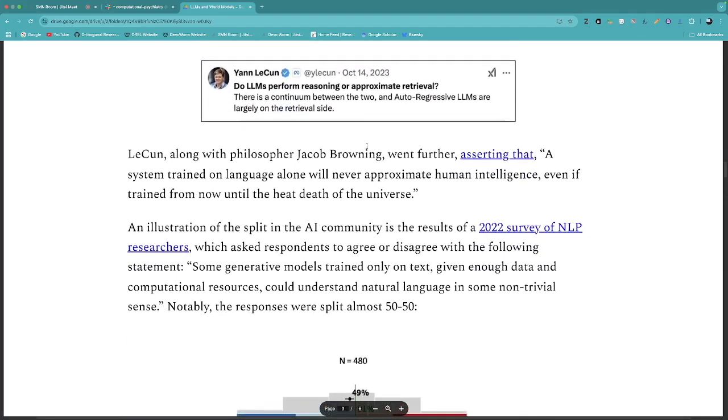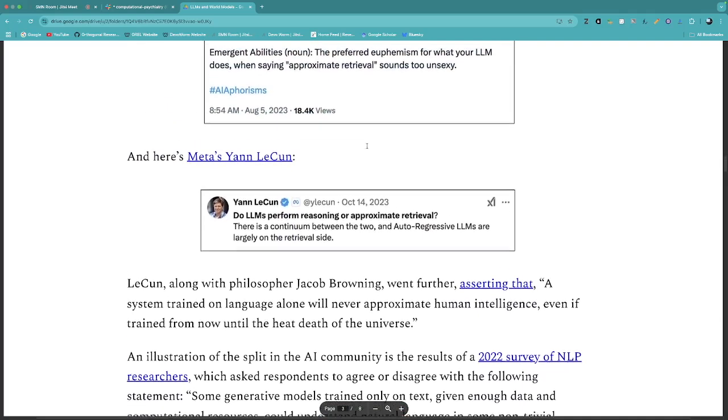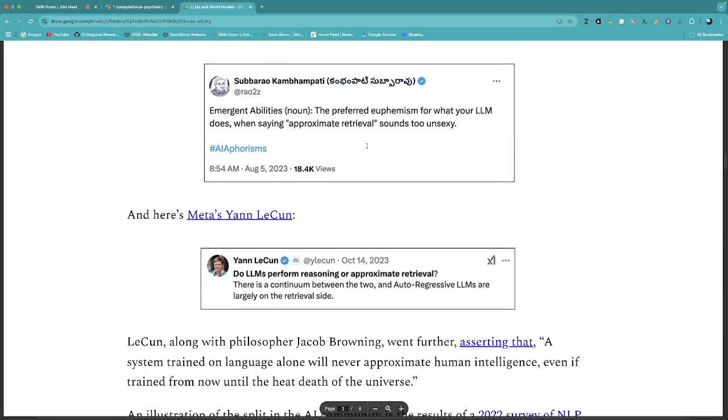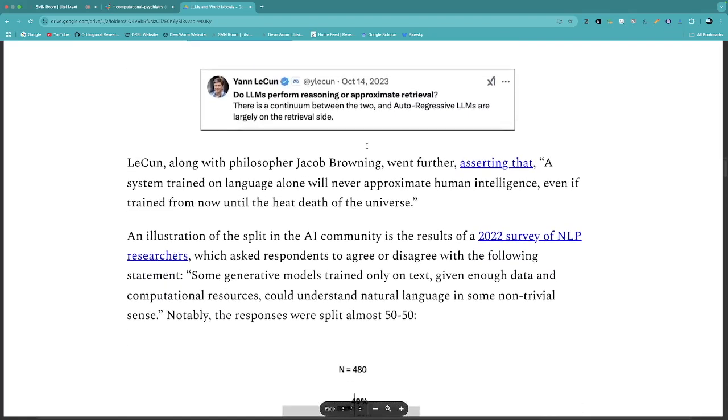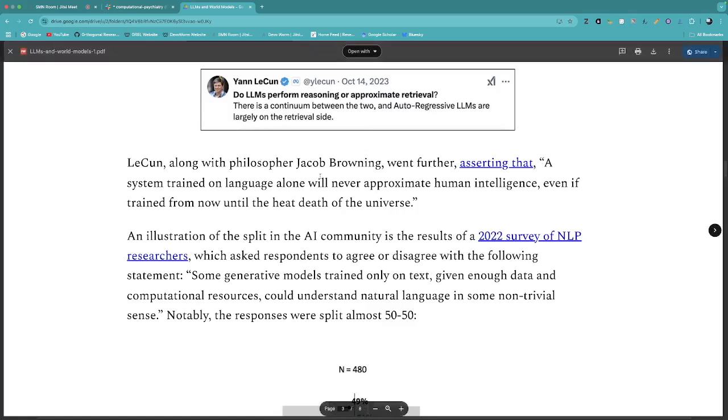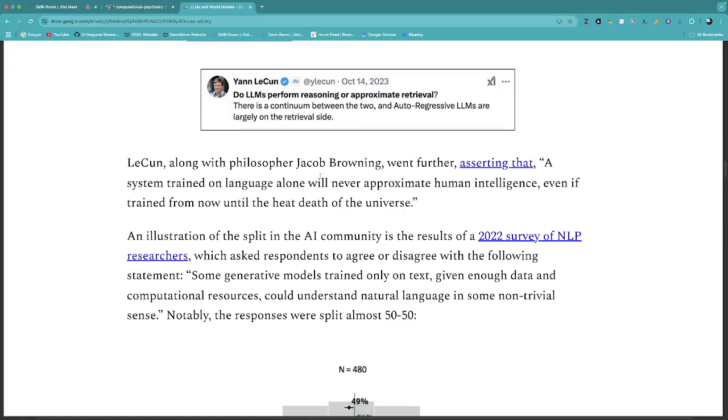There are some examples where we are stressing the retrieval capabilities of large language models over them actually building a world model. Yann LeCun and Jacob Browning went further, asserting that a system trained on language alone will never approximate human intelligence, even if trained from now until the heat death of the universe.